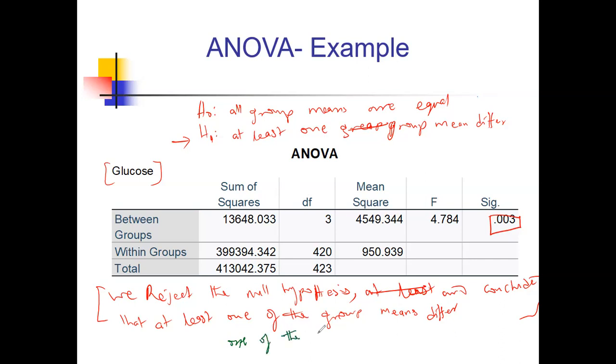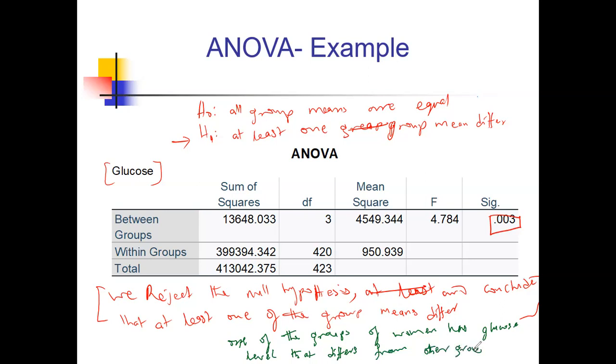of the groups of women has glucose level that is different, that differs from other groups.